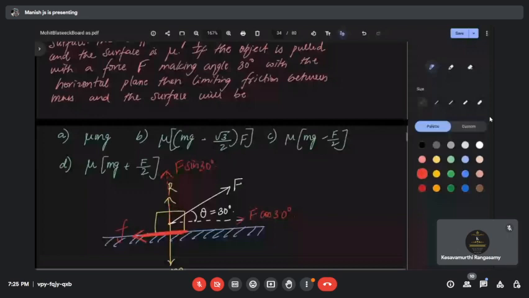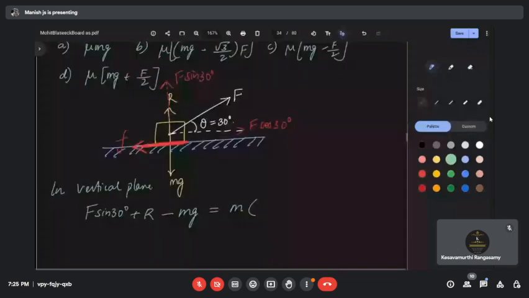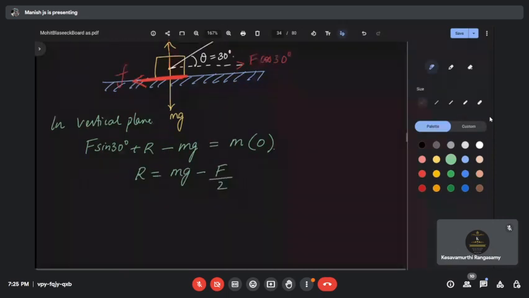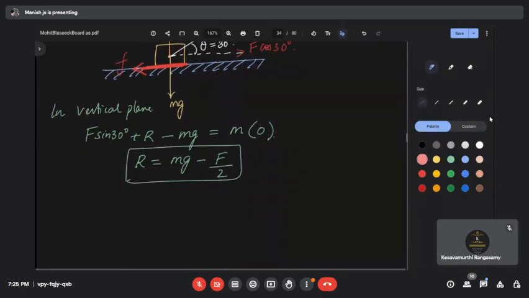In the vertical plane there is no acceleration, so a is 0. Now you can find the reaction force. R is equal to mg minus F sine 30. Sine 30 is half, so F by 2. So R is equal to mg minus F by 2. So we got the reaction force.